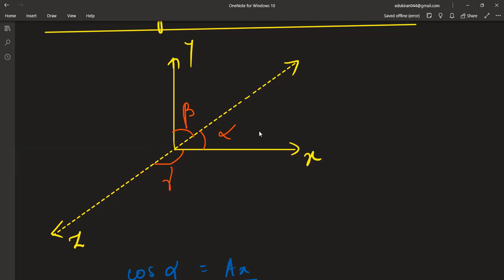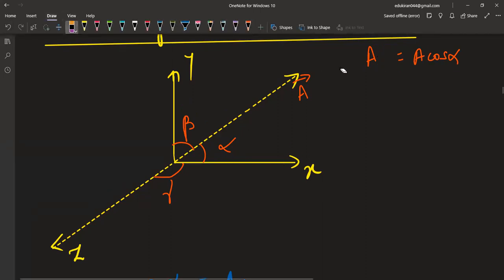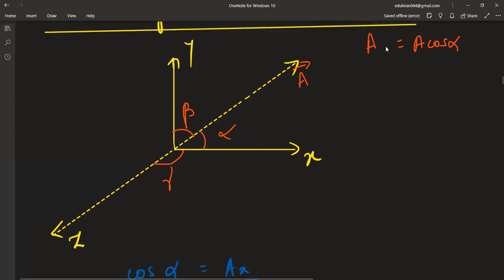Now see, how will you consider the component? Suppose this is the vector A. So for alpha, this angle component will become A cos alpha. This is along the x-axis.